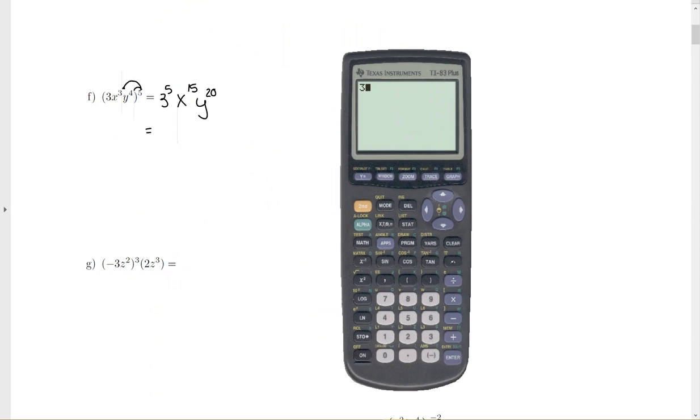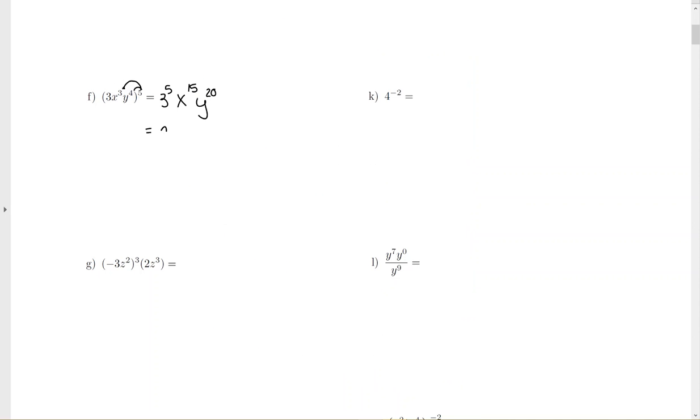So 3 raised to the 5th power, 243. And again, all of the powers are positive. There aren't multiple x's or multiple y's in the problem, so that's where you would be done. 4 to the negative 2 would be 1 over 4 squared, and then 4 squared is 16.